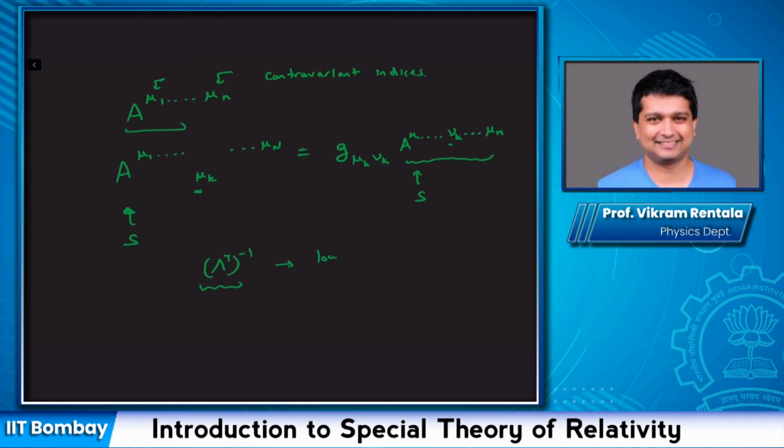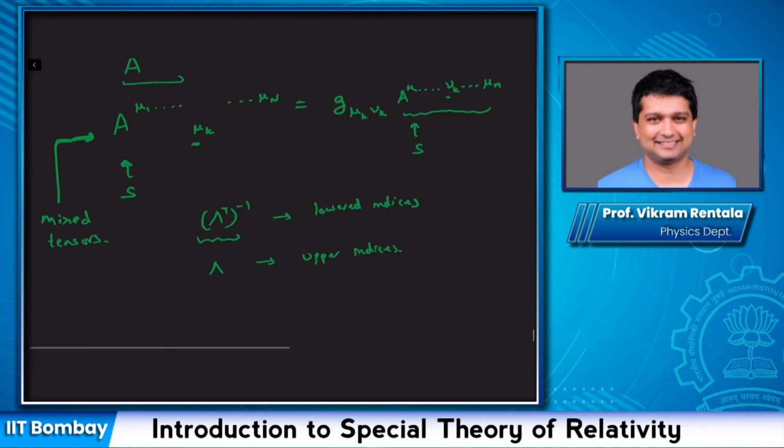This is the transformation for lowered indices, and lambda is the transformation rule for upper indices. So sometimes you get what are called mixed tensors, with a mix of covariant and contravariant indices.